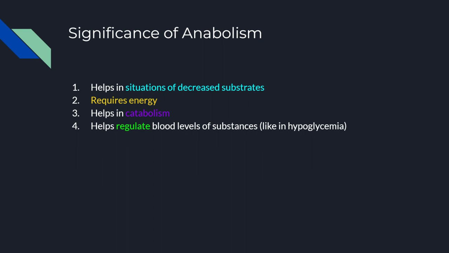So what happens is if there is hypoglycemia, that means there is a decreased level of glucose in the bloodstream, then if there is acetyl-CoA and pyruvate and other substances lying around, the body follows an almost reverse pathway back to produce glucose.